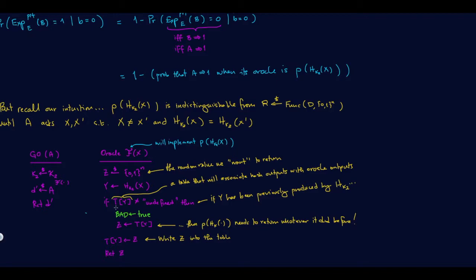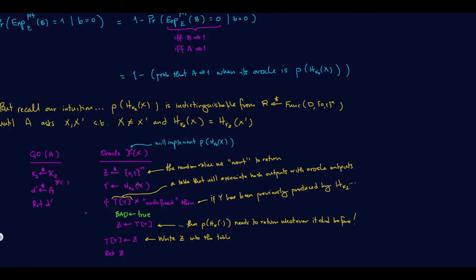In particular, if when we hash x we get a value y, we look at that position in this table. If it's not undefined at position y, then that means that some previous call produced a value y that caused this position to be defined. And what does that mean?